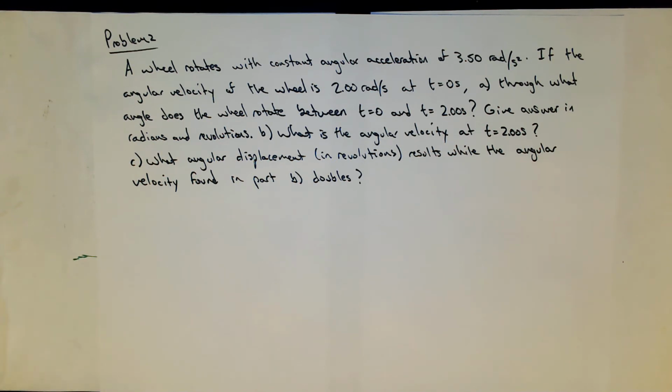It says give the answer in radians and revolutions, so that'll just be a unit conversion. Part B asks for the angular velocity at that time, and part C asks a question about doubling. Anyways, we'll get to that.